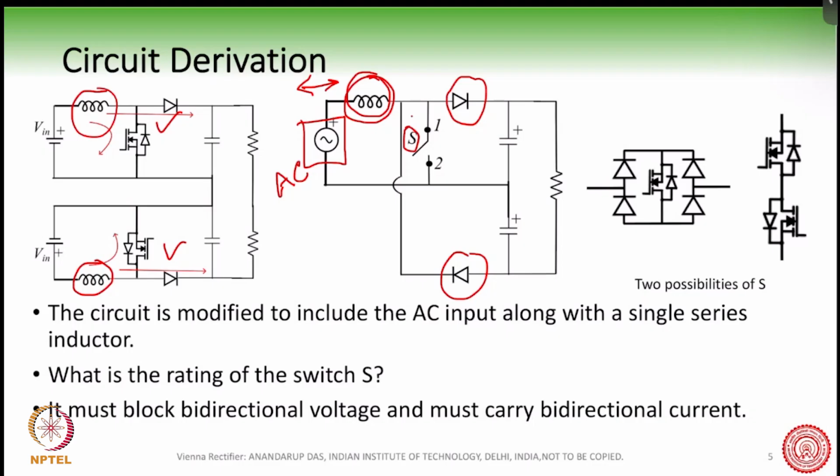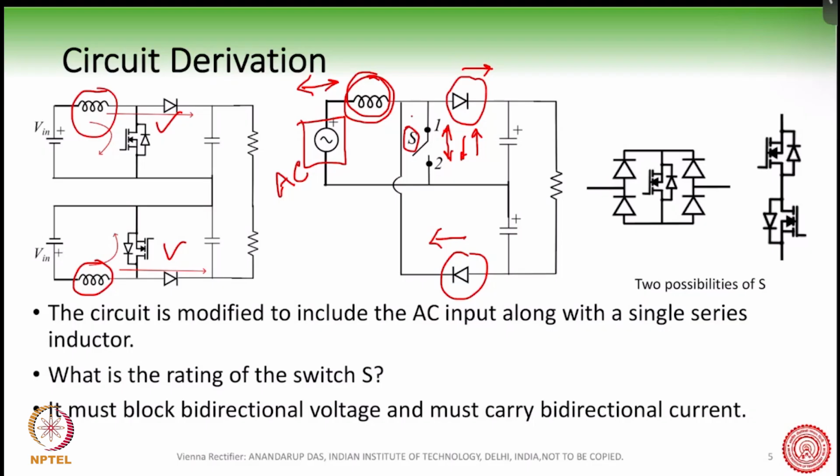Therefore, this current will reverse. So, obviously, one can understand that this switch has to carry current in both directions, right? Because you see, in the positive half, the current will be like this, and in the negative half, the current will be like this. You can see it if you analyze it.